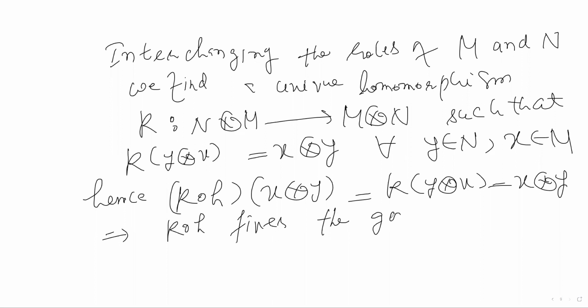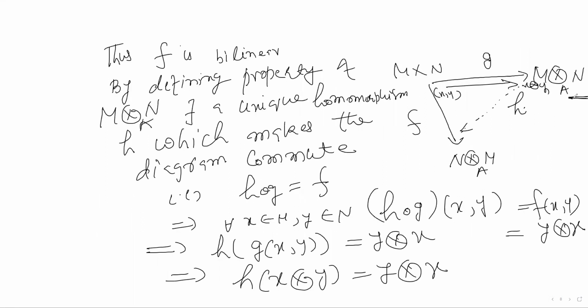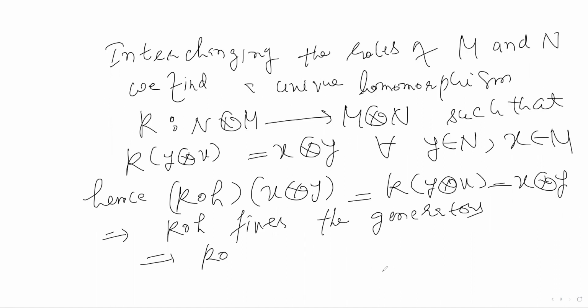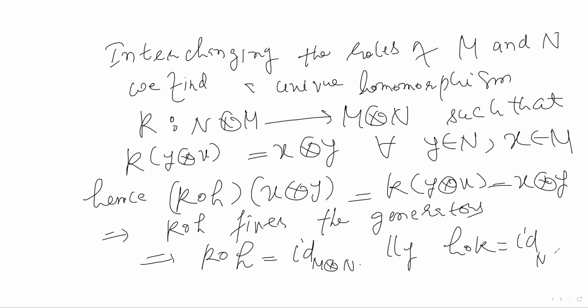So therefore it fixes every element of this tensor product M tensor product N. Once it fixes generators, it fixes every element. So therefore it is the identity map. So k composition h is the identity mapping on M tensor product N. And similarly, by similar argument, h composition k is identity on N tensor product M.